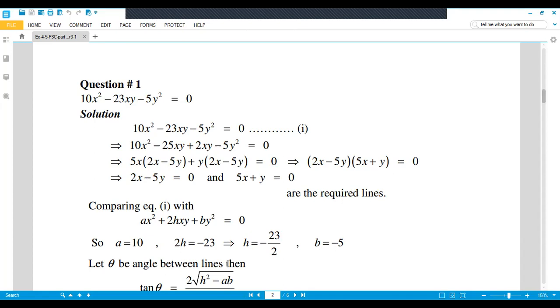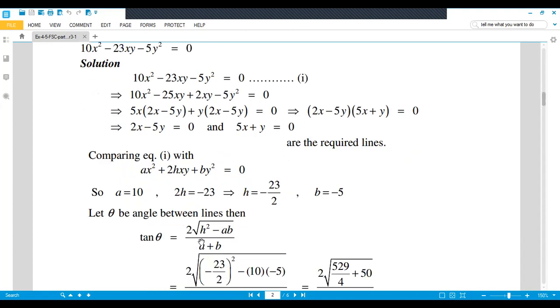Now let theta be the angle between lines, then tangent theta is 2 under root h square minus ab over a plus b. You will memorize this formula when you are given a homogeneous equation and you want to find the line represented by each of the following and also find the measure of the angle. When you want to find the line and the angle between them, what will you do?